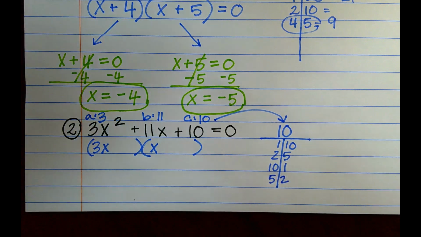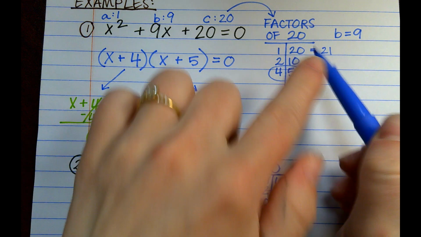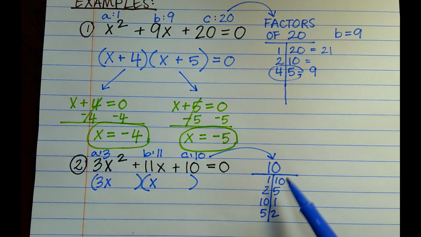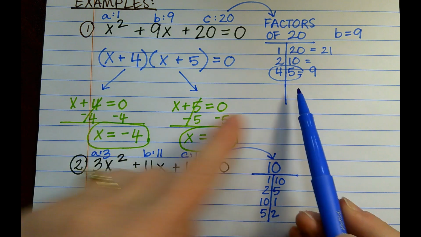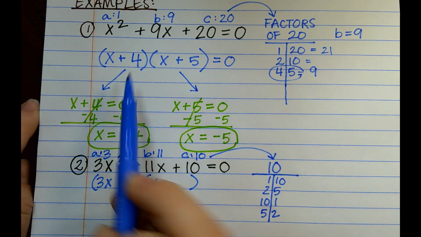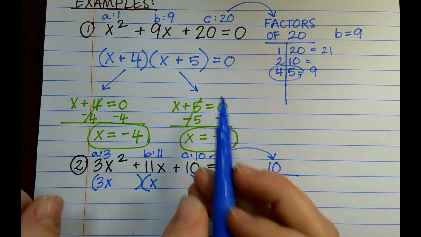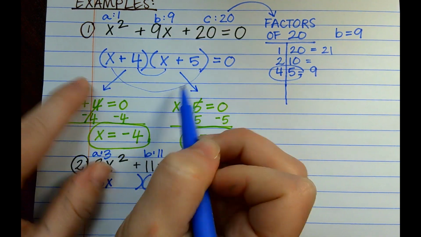Now, can anybody tell me why did I not list the opposite, like reversed factors on this first problem, but I did on the second one? Does anybody know why? Cody? That where the 3 or what the 3 is multiplying. Yes. On this first problem, it didn't matter what order my numbers went in because it won't change how they multiply. If I were to do rainbow method here, I'd get the 4x and the 5x.